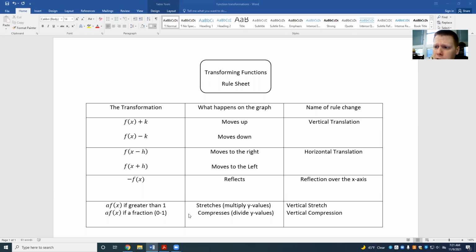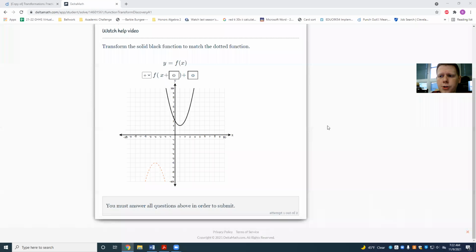You're going to see a Delta Math section today where you're going to try to modify and apply these rules. So I'm going to show you an example of that really quick. Just to show you what your Delta Math will look like today, they're going to give you a function. You're going to modify your function to move this black function to this dotted line.